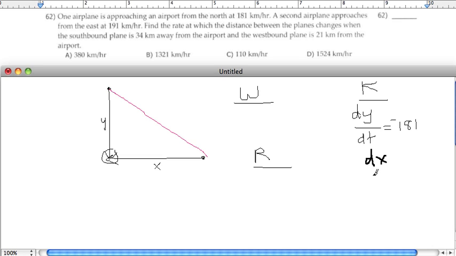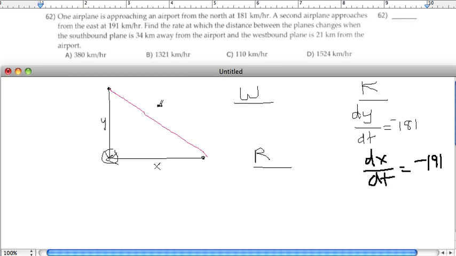Never fail, start a video, get a phone call. So dx/dt is, it takes longer to write it, negative 191.